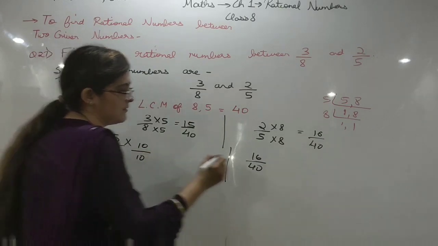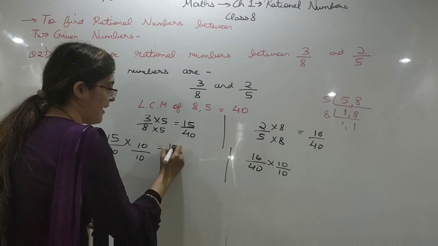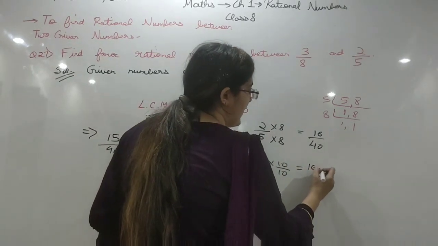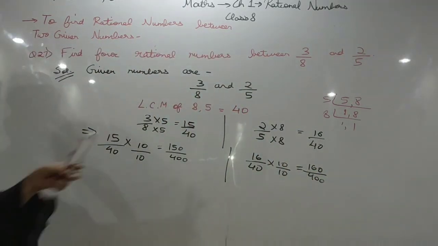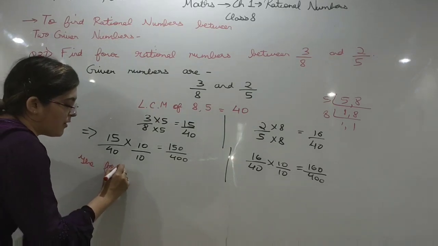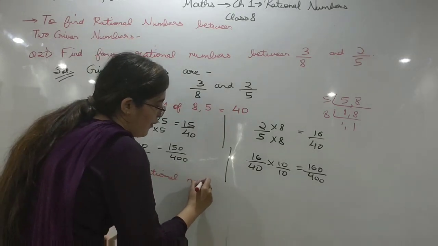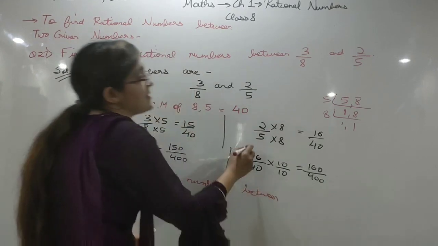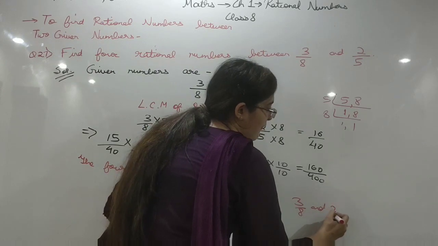Do it. What will we get? 150 upon 400. Here we will get 160 upon 400. Now we can write the numbers between them. So in the answer we will write the 4 rational numbers between, the same numbers that are given in the question, 3 by 8 and 2 by 5.